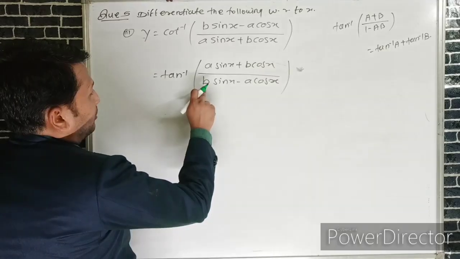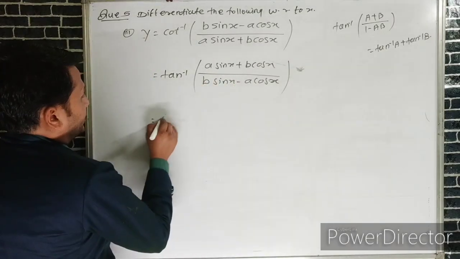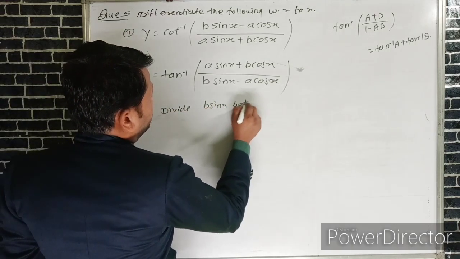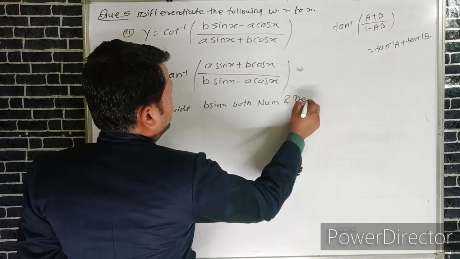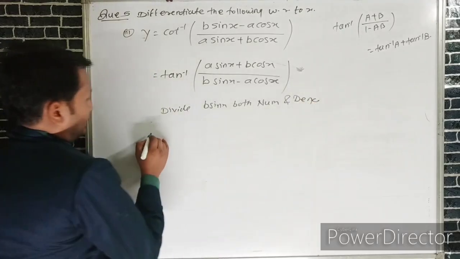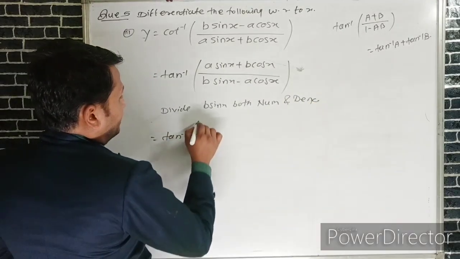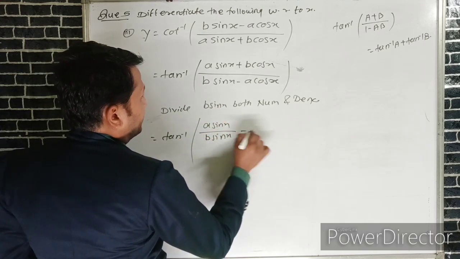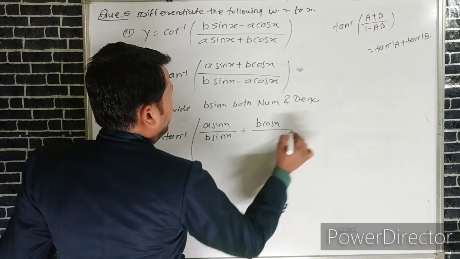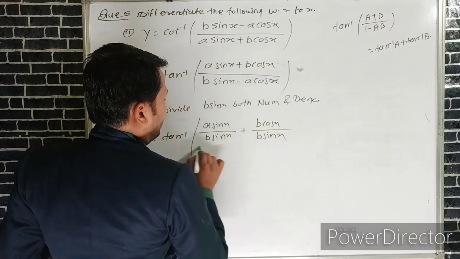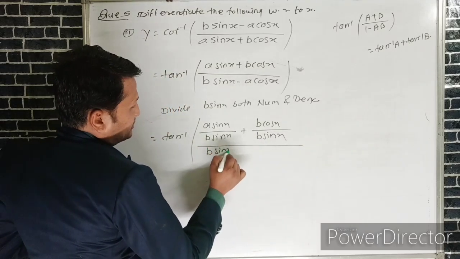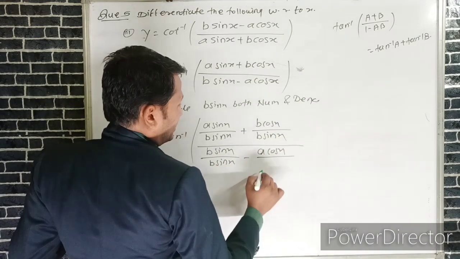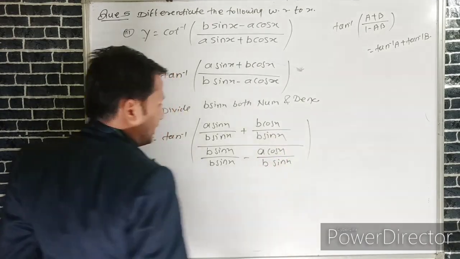If we have to convert this term into 1, then we divide both numerator and denominator by b sin x. So it is equal to tan inverse of (a sin x upon b sin x plus b cos x upon b sin x) upon (b sin x upon b sin x minus a cos x upon b sin x). After that, here sin x is cancelled.